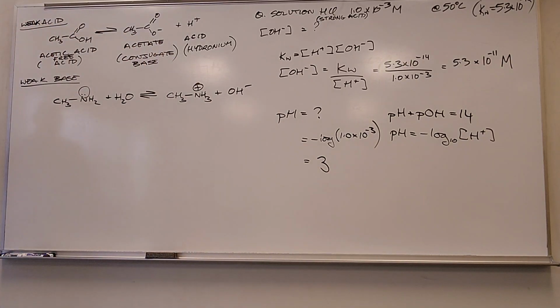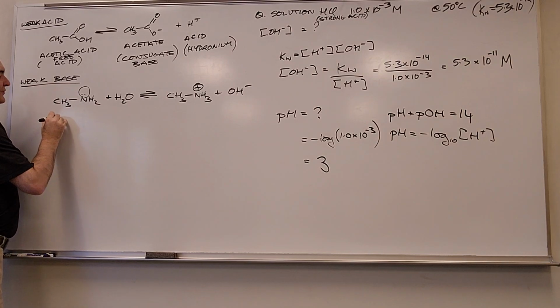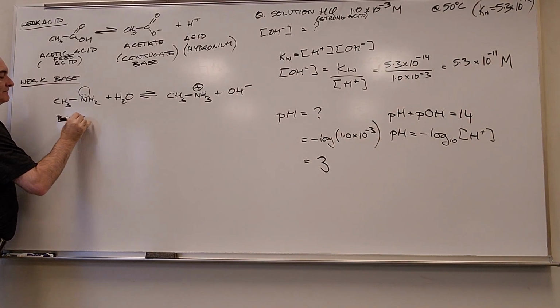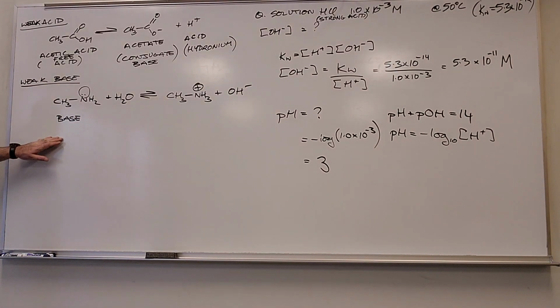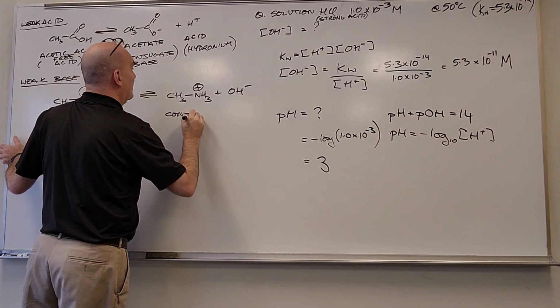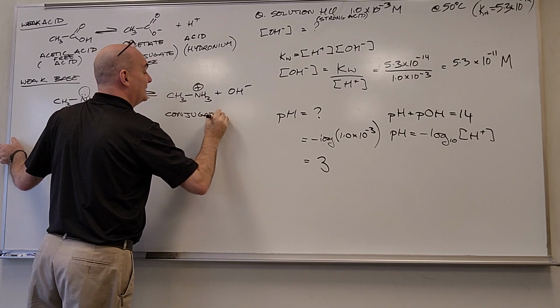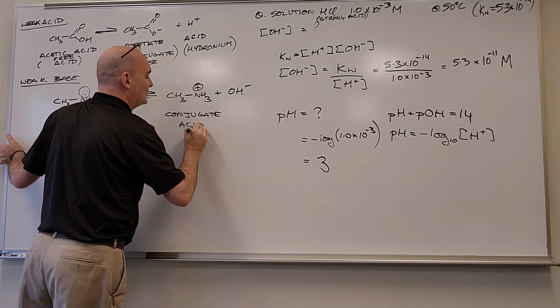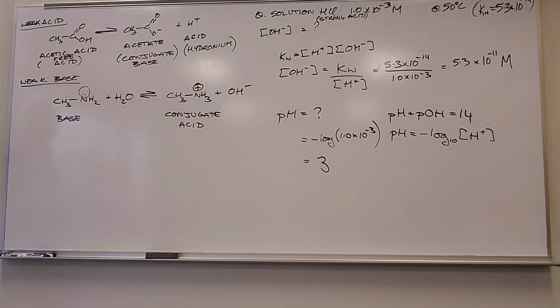This base lives in equilibrium with its conjugate acid. So this is called the base. This is called its conjugate acid. A conjugate acid has one more hydrogen and one more plus than the base that it came from.